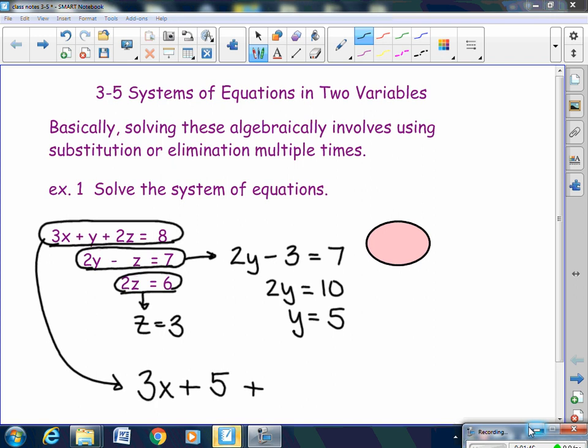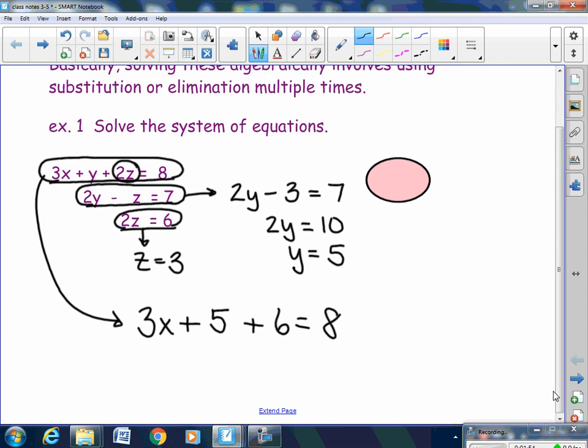But it's 2 times z, which makes it 6, equals 8. And now I can solve for x. 3x plus 5 plus 6 is 11 equals 8. So 3x equals negative 3. So x equals negative 1.